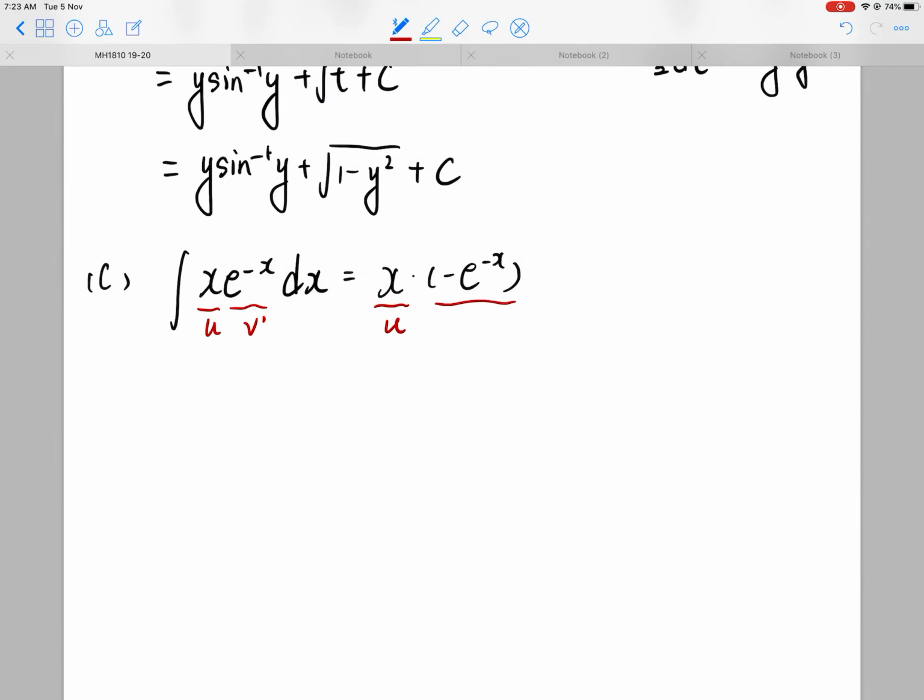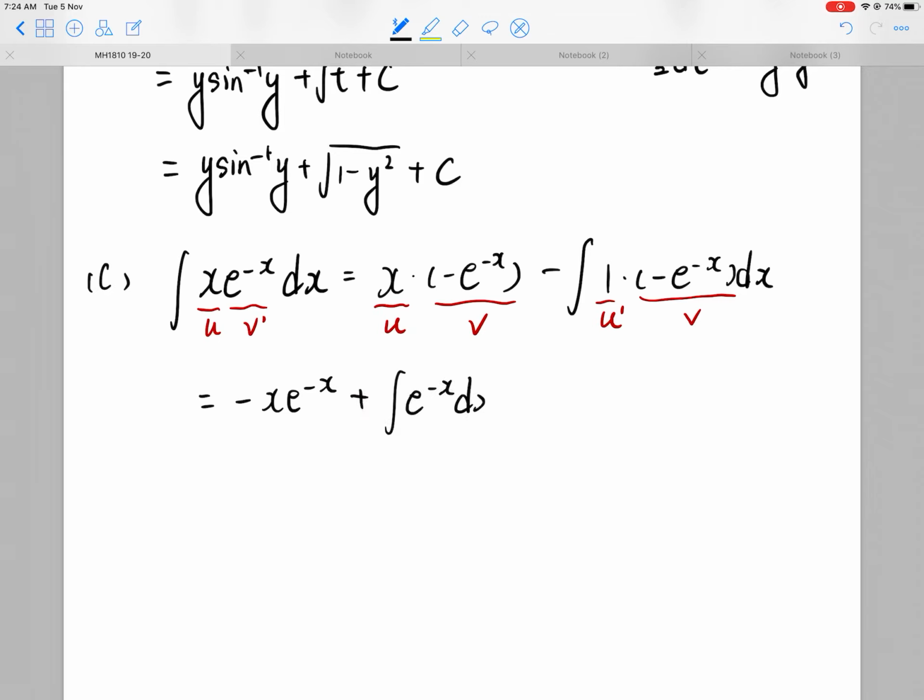This is your u, this is your v, minus u's derivative times v. So it's negative x e to the power of negative x plus this. Alright, so this is the answer.